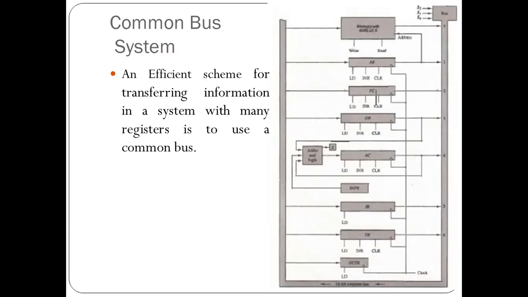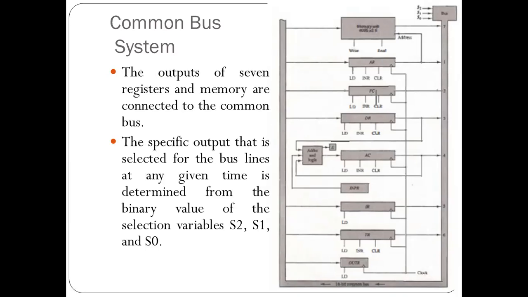Let us see how the connection is happening. Outputs of 7 registers and memory are connected to the common bus. We have 8 registers, but only 7 registers are connected because we have the input register INPR, which comes from your input device and is directly given to the ALU for operations.